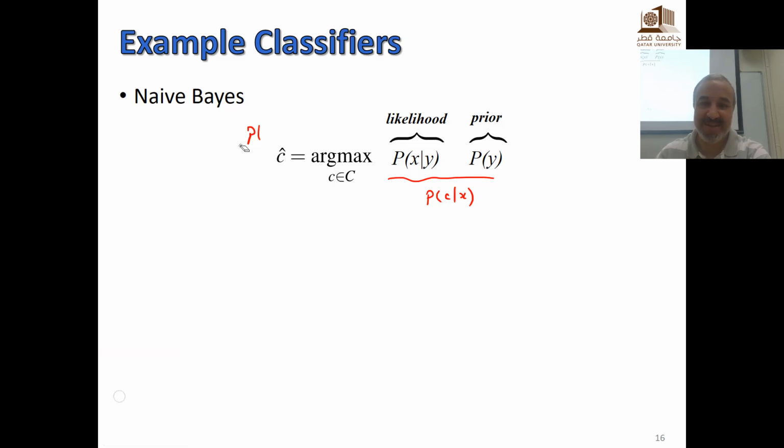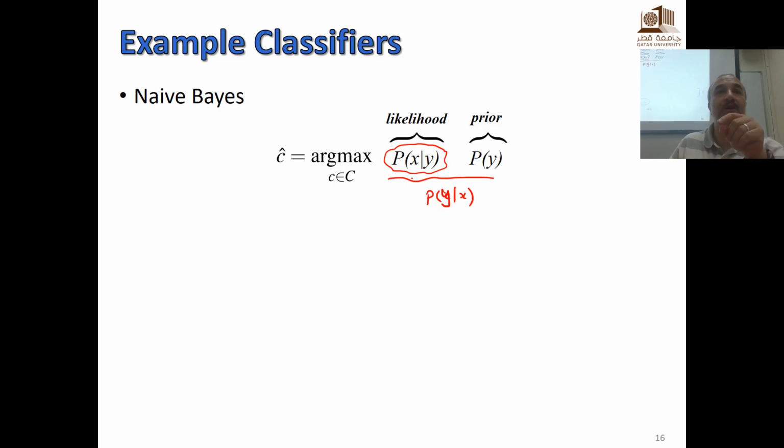If you remember, we used the Bayes rule and converted this into probability of X given Y times probability of Y divided by probability of X, and we ignore probability of X. So it is probability of X given Y times probability of Y. Now, probability of X given Y is the probability of generating X from class Y. So we are actually building a model for each class, and we are trying to estimate the probability that this example is generated from that class.